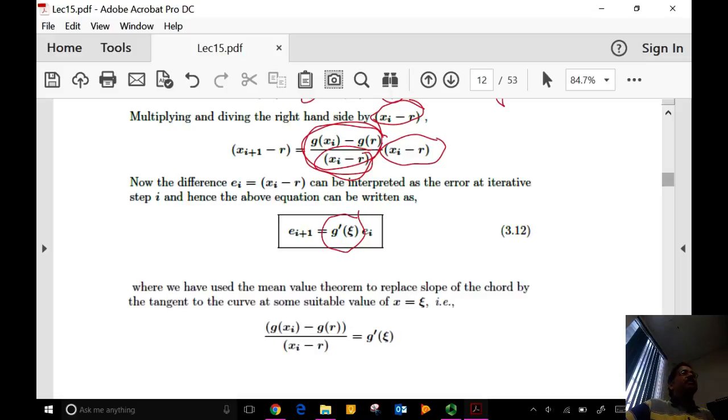The real problem is you're giving the answer in a form where I don't know where r is. How do I calculate that? You're telling me that g prime near the root must be less than 1, but I don't know where the root is. So I have not really helped in saying that this method is guaranteed to converge or not.